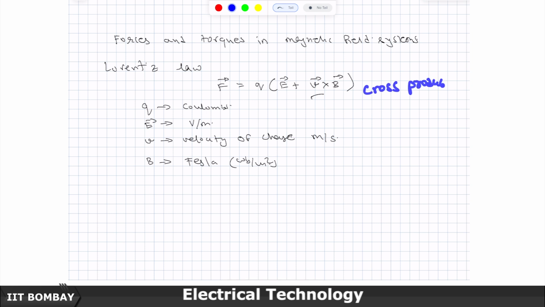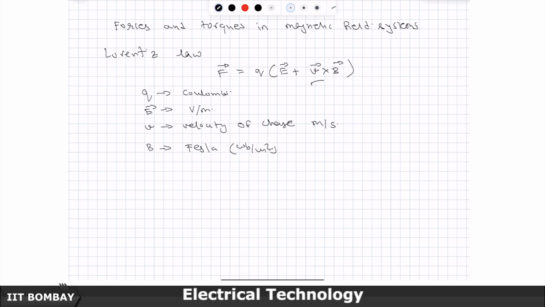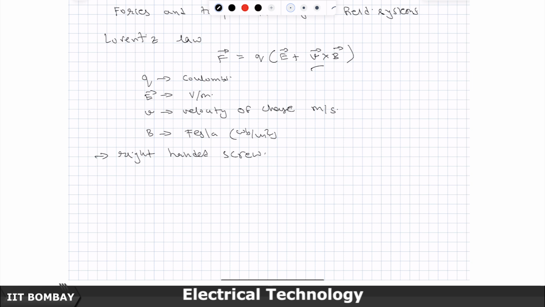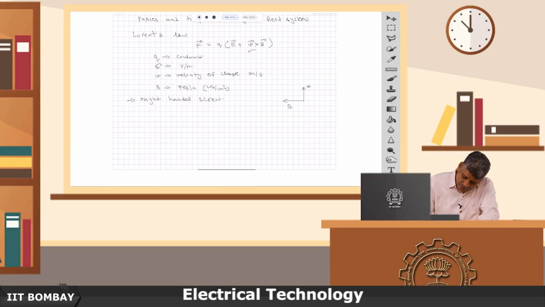This term is a cross product, and so you are taking cross product from V to B. So, this could be explained either by using a right handed screw, which I have used earlier also, that let us take a specific case that this is my V, this is my B, and this will be my F.